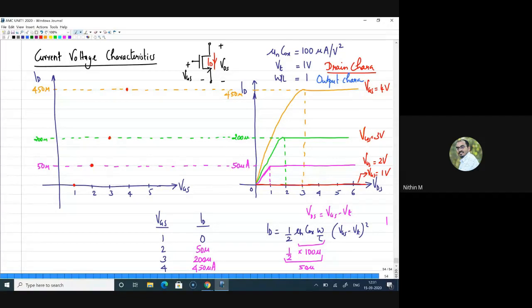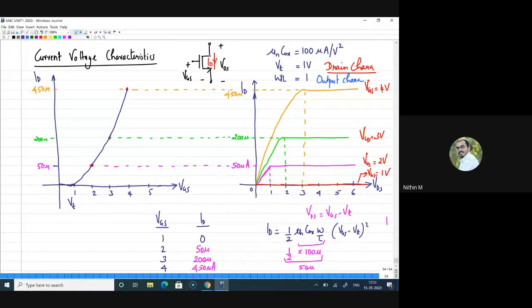Now if I mark this and connect all these things together, my graph will be, right, this is your ID-VGS graph where your VT is equal to 1 volt, right?